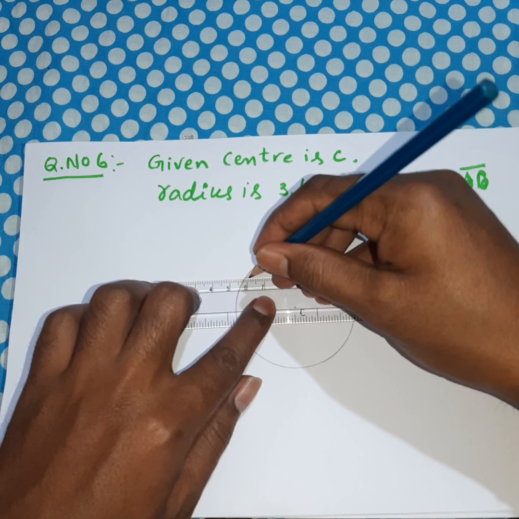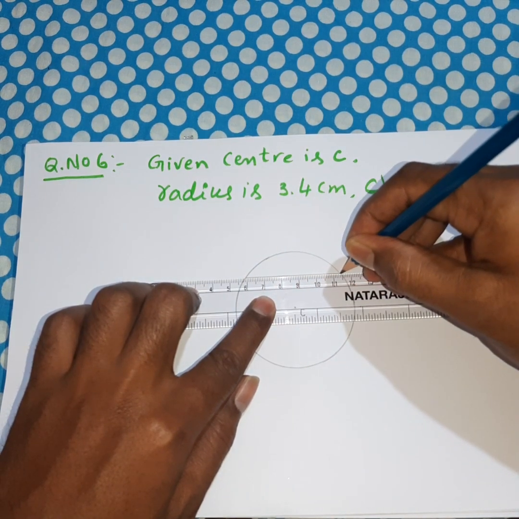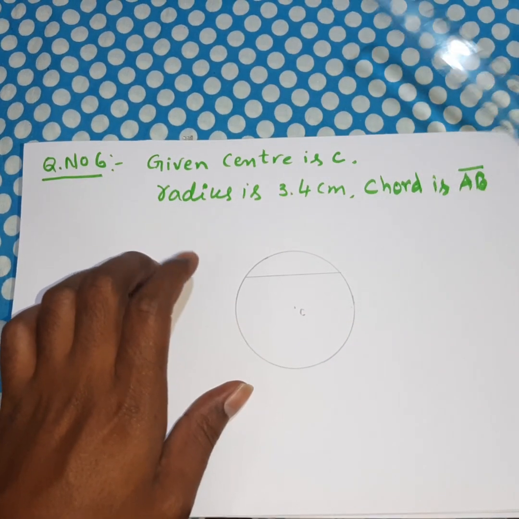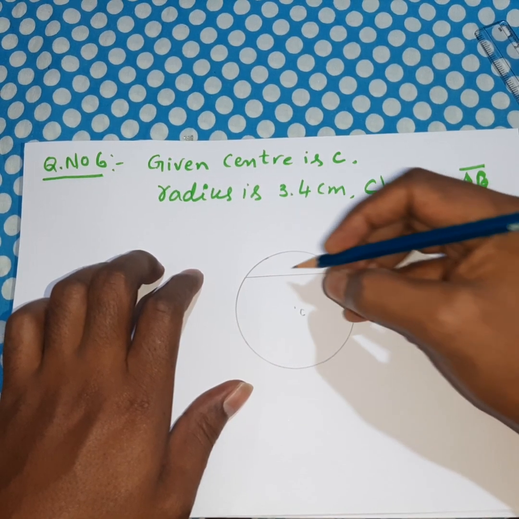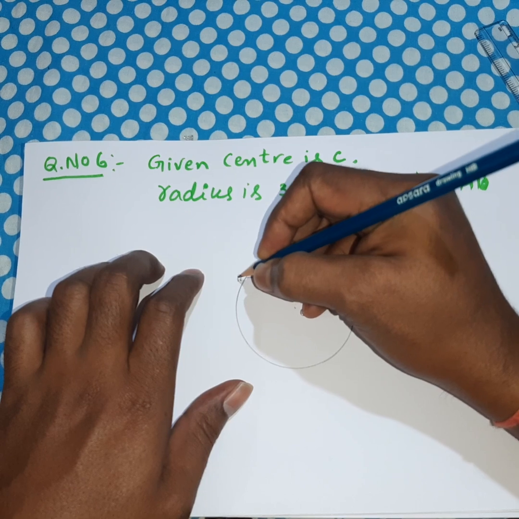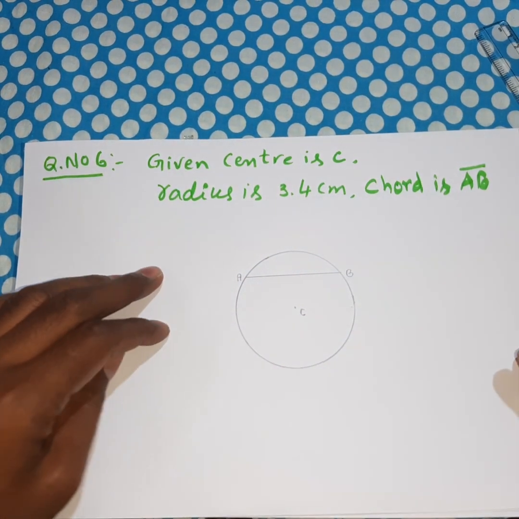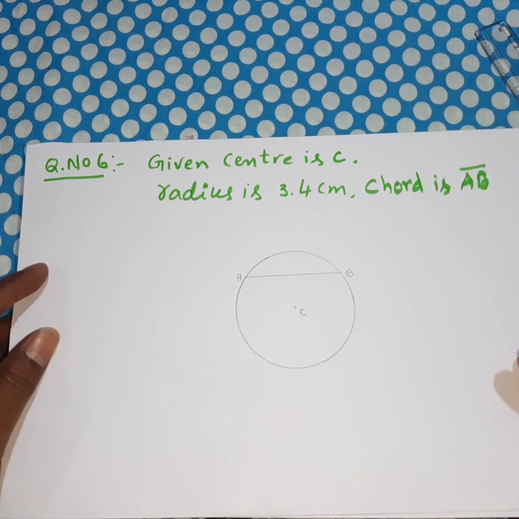This is a chord AB. I am giving the names: this is B, that is A. AB is the chord of circle C here.